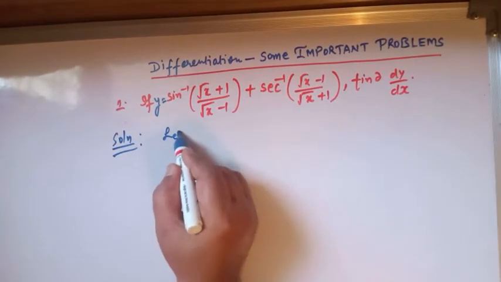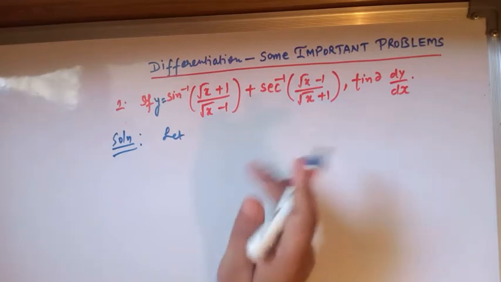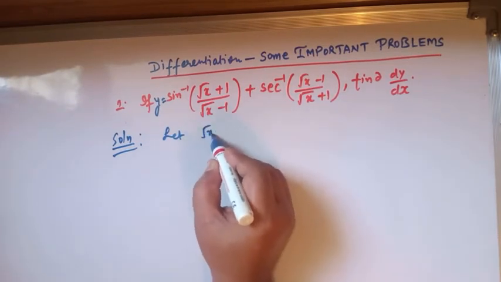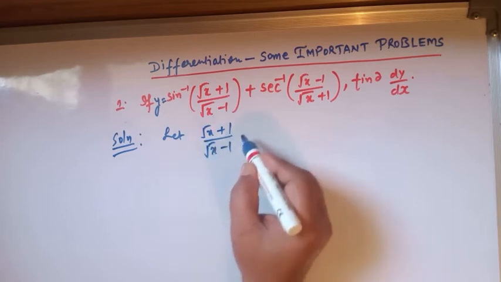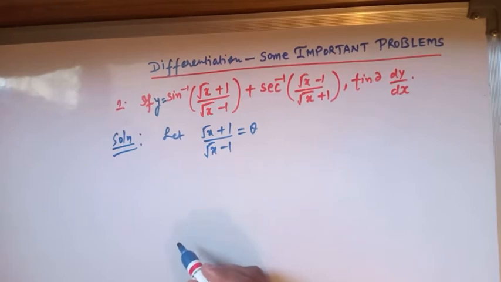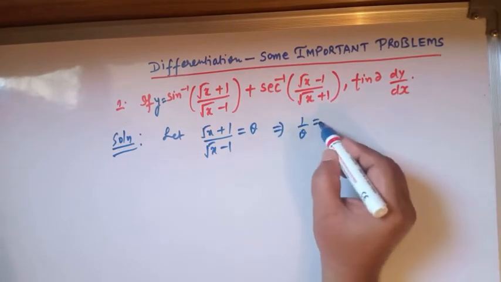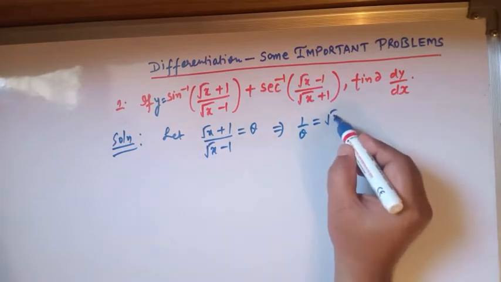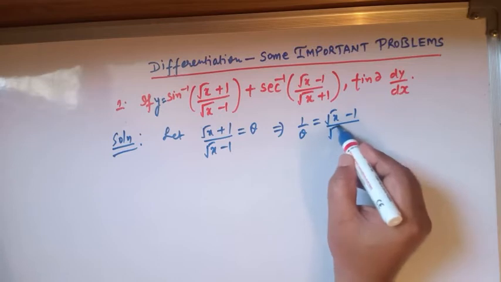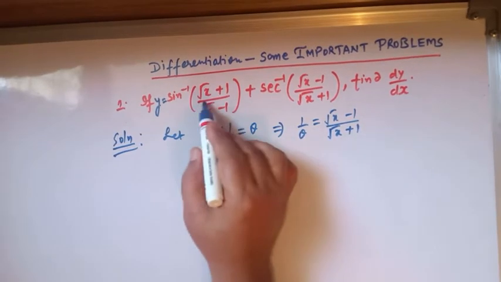So after examining this question, let square root of x plus 1 divided by square root of x minus 1 be equal to, say, theta. So this implies that 1 over theta is equal to square root of x minus 1 over square root of x plus 1. So we'll substitute these values here.